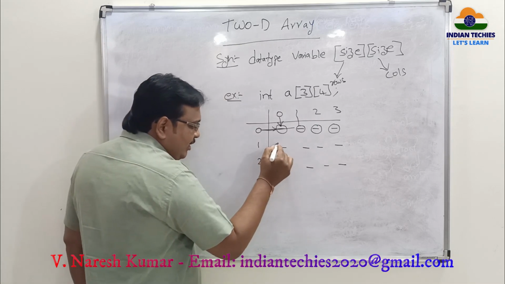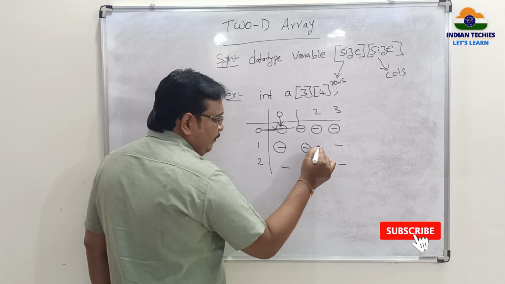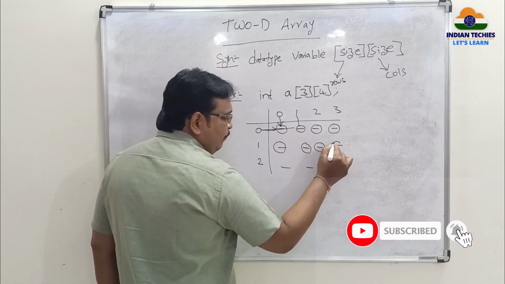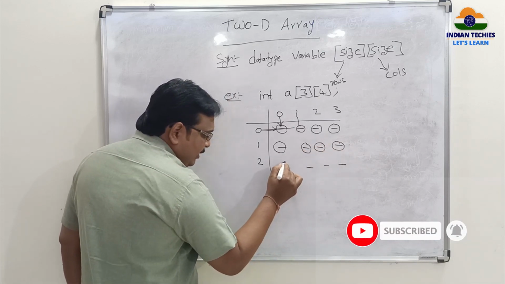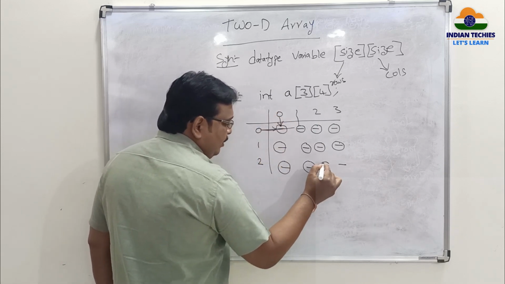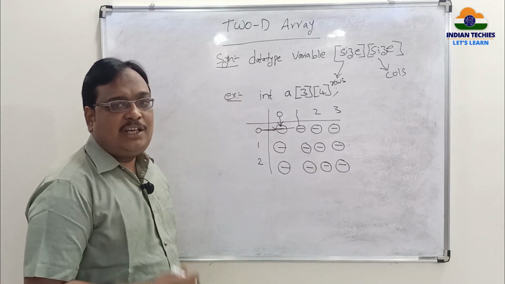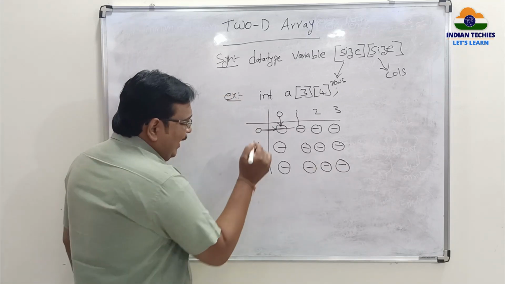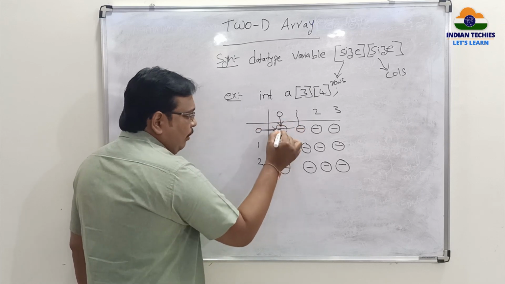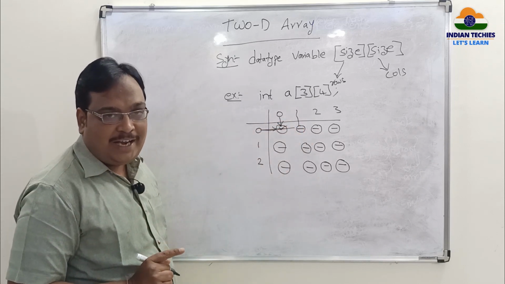In the same way, this is first row, 0th column; first row, first column; first row, second column; first row, third column. This is second row, 0th column; second row, first column; second row, second column; second row, third column. This is how you access it. The intersection of a row and a column can be considered as one single integer value.